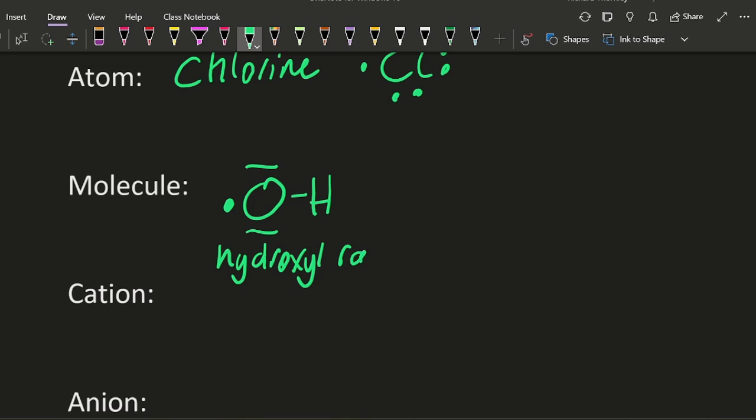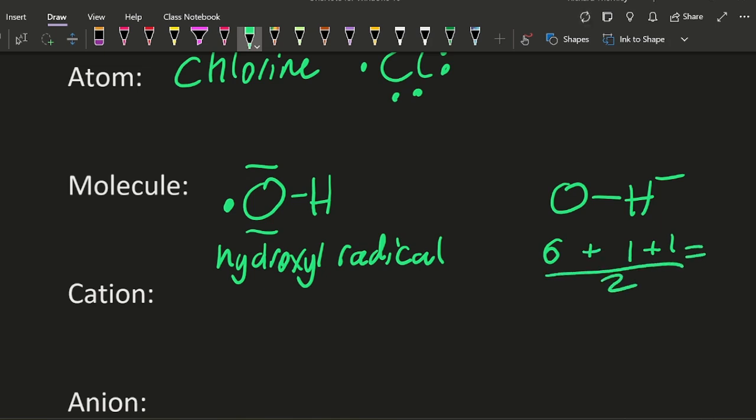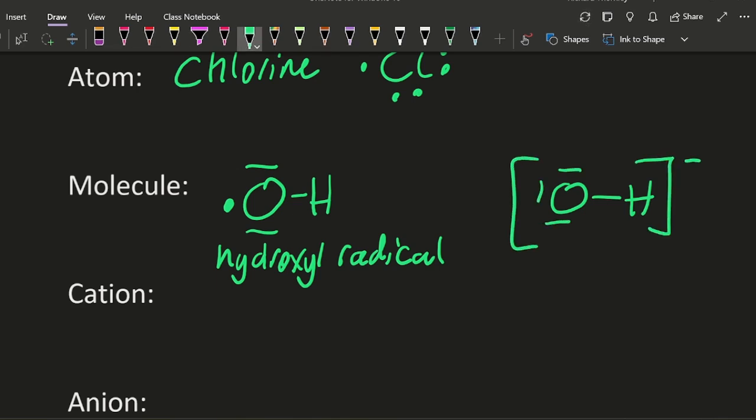Again, not to be confused with hydroxide. Hydroxide, that's not a radical. 6 valence electrons, 1 there, plus a cheeky extra 1. So divided by 2, that's going to give me 4 electron pairs. So if I wanted to draw the Lewis structure for that, there we go, no lone pairs there. So hydroxide, that's wrong. We're just sticking with the hydroxyl radical.